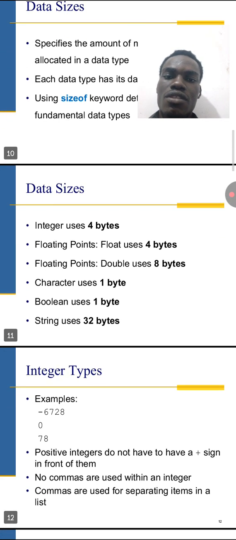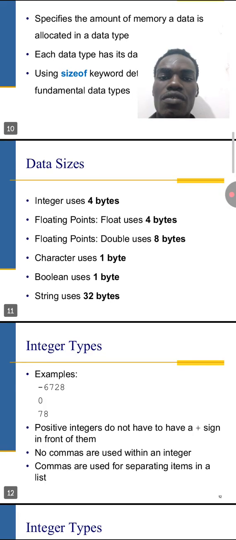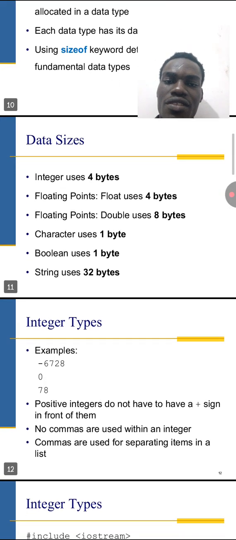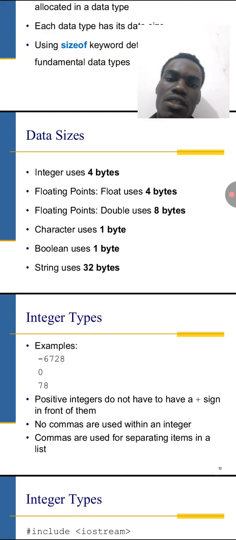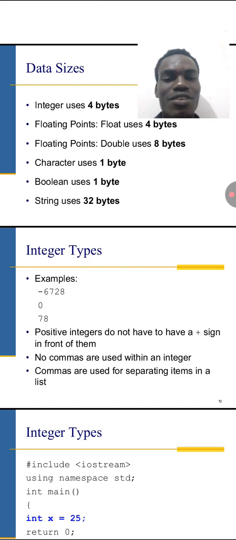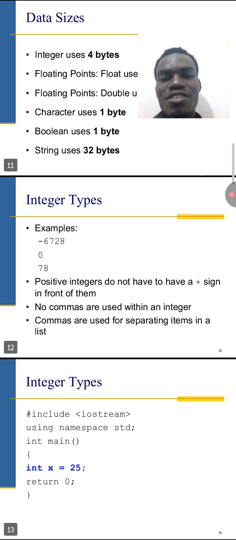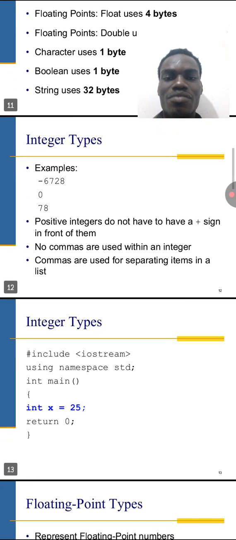The integer uses 4 bytes, the float uses 4, the double uses 8, the character uses 1, the boolean uses 1, and the string uses 32 bytes. You have to take note of this.